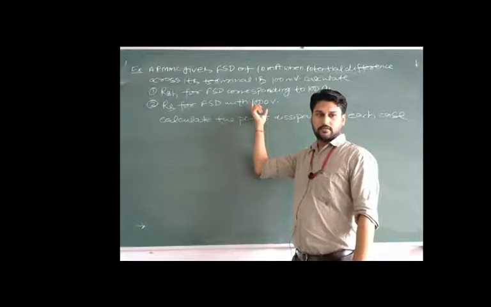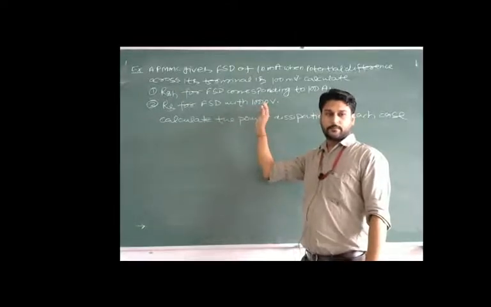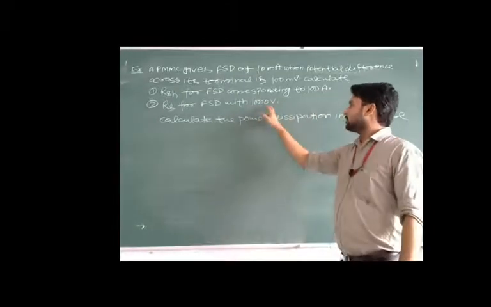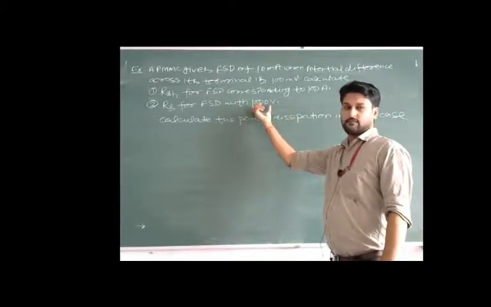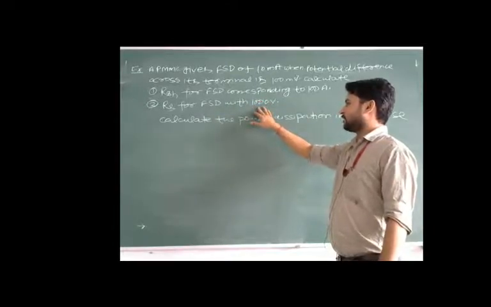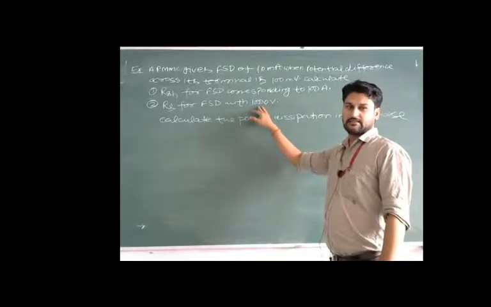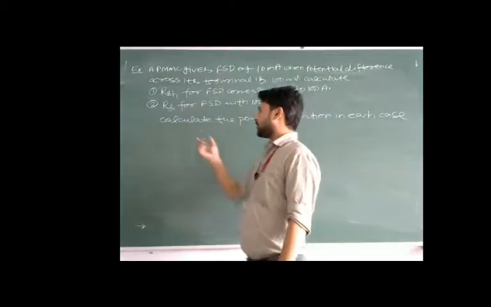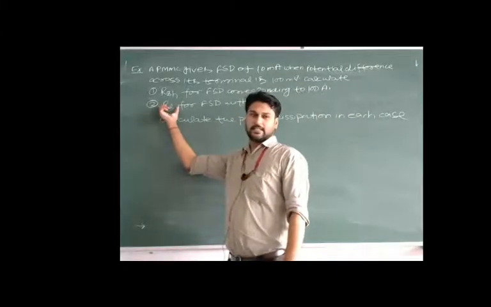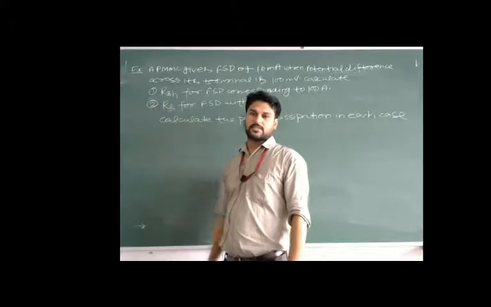So this instrument has to be used as a voltmeter to measure a maximum voltage of 1000 volt. In this case we have to calculate what value of resistance we have to connect in series to the basic PMMC instrument.